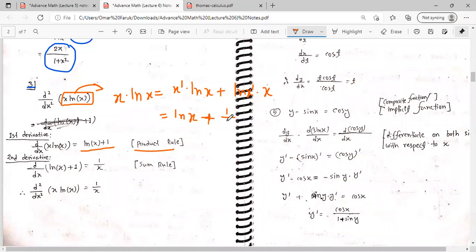According to the formula, the derivative of ln x will be 1 by x. So this is 1 by x, and we have only x here. So x gets cancelled. Then we will get ln x plus 1.